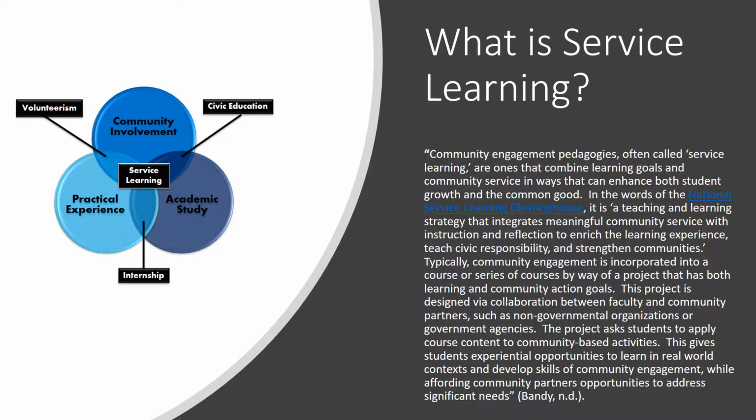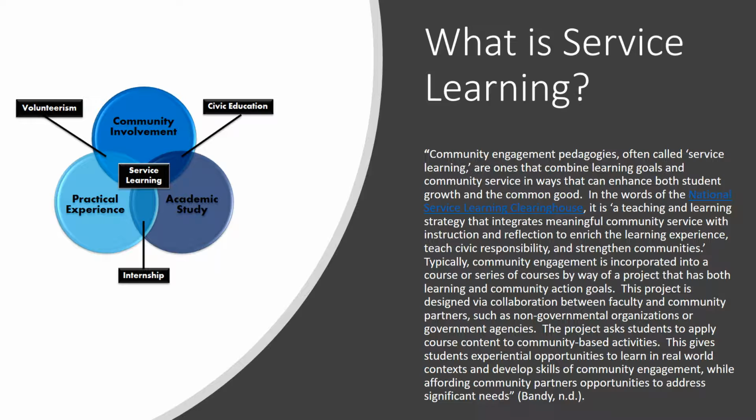Typically, community engagement is incorporated into a course or series of courses by way of a project that has both learning and community action goals. This project is designed via collaboration between faculty and community partners, such as non-governmental organizations or government agencies. The project asks students to apply course content to community-based activities.